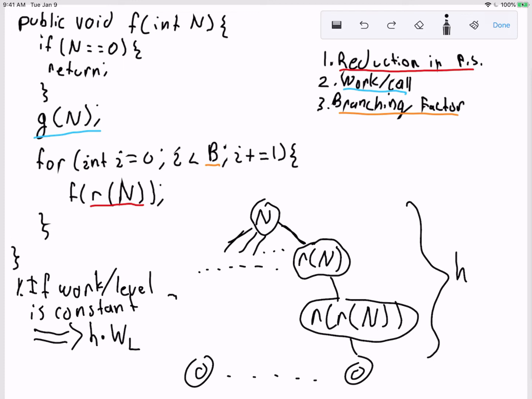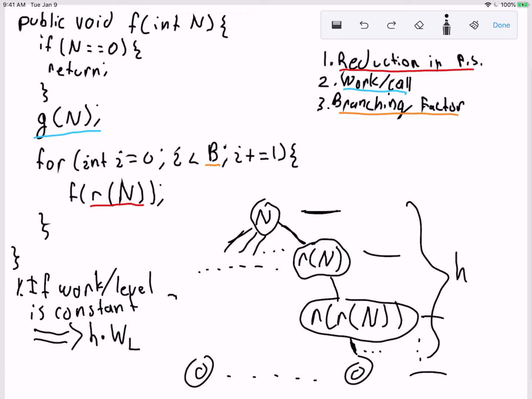Well, if every level does the same work, then that's WL, that's WL, that's WL, and you'd keep going. And I put a line here. I really should have put dots. The height might be multiple different levels, right? So until WL at the bottom level. And since there are h levels, each level does WL work, the total work is h times WL.